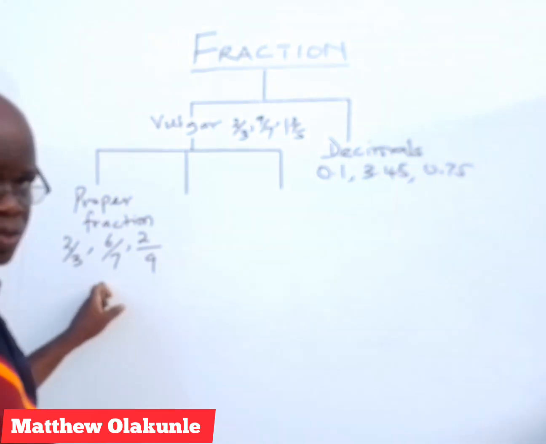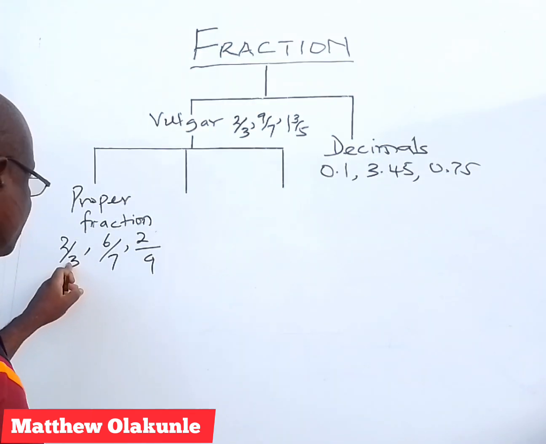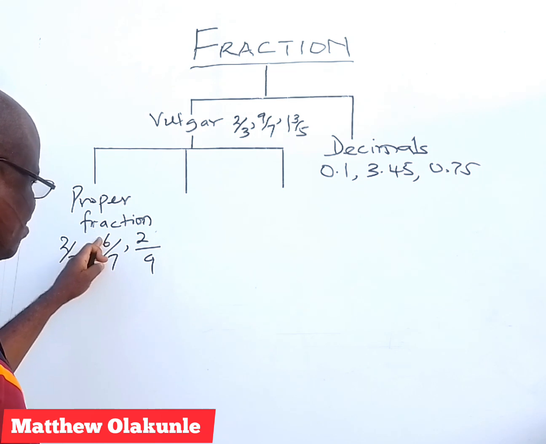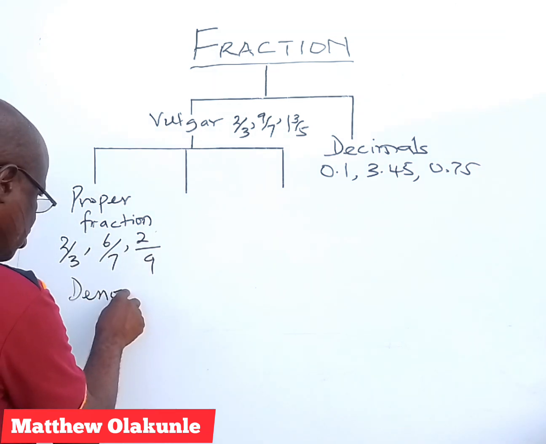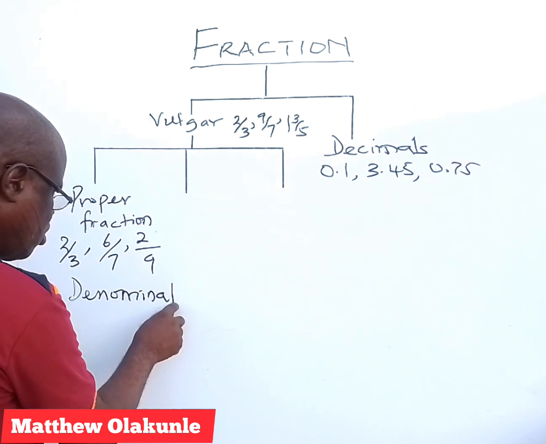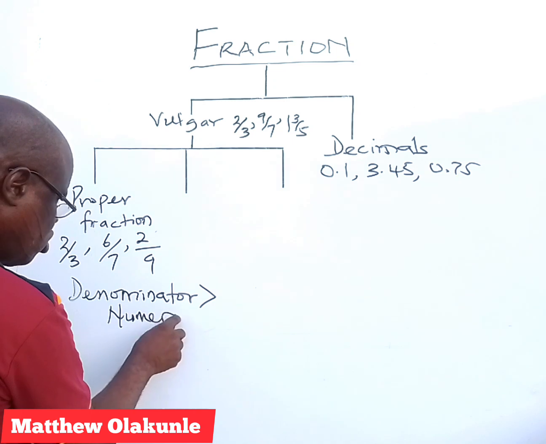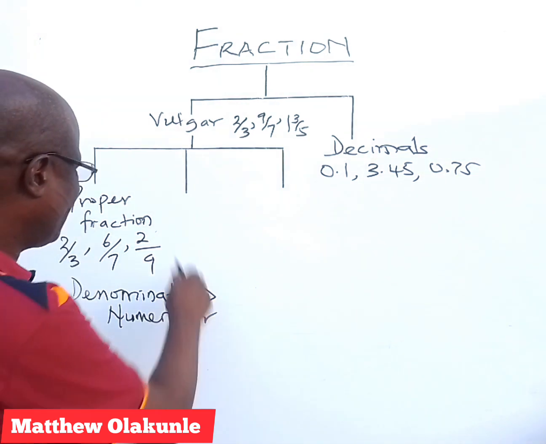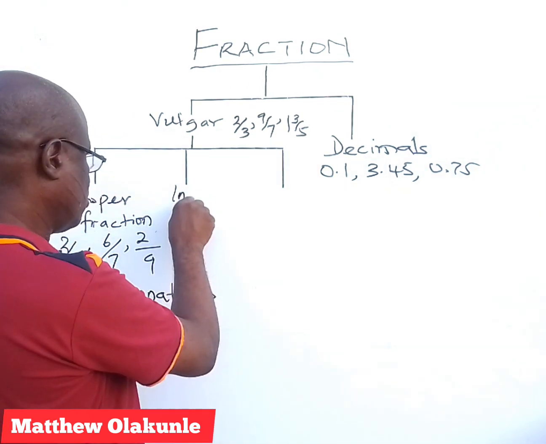In a proper fraction, the denominator is greater than the numerator. You can see that 7 is greater than 6, 9 is greater than 2. So you have denominator greater than numerator for proper fractions.